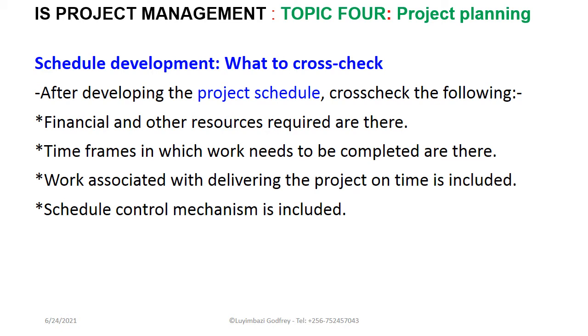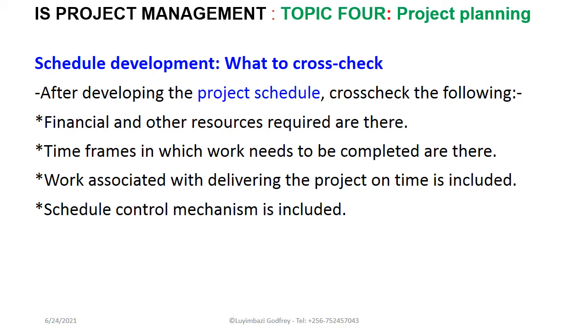So I want you to read about the schedule control mechanism from authoritative sources and improve your knowledge about what we mean by a schedule control mechanism. This mechanism outlines the procedures that need to be followed when there is any desirable change that we may need in our project. It could be change in scope or otherwise.